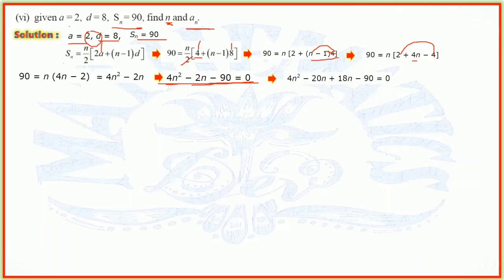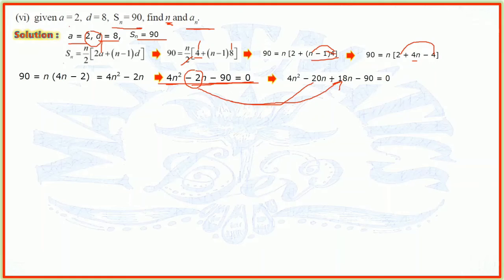Since this is a quadratic equation in n, we are going to factorize the middle term. We are breaking it into two terms and will use the factorization method for the solution. The middle term, b, is −2, so we can choose two terms, −20 and +18, so that their sum is −2.